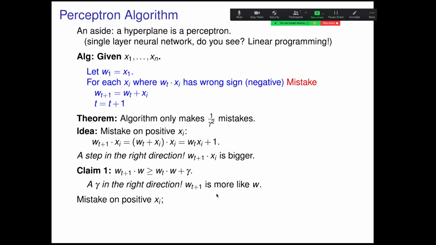You make a mistake on a positive xi. They're all positive. Let's just write it out. So we get this. That's just what we're doing in this line, the distributive property. What is xi times w? What was our assumption?